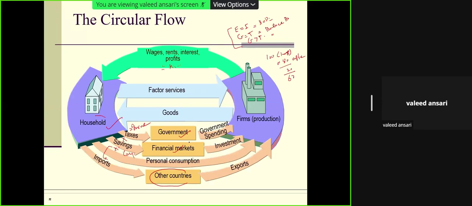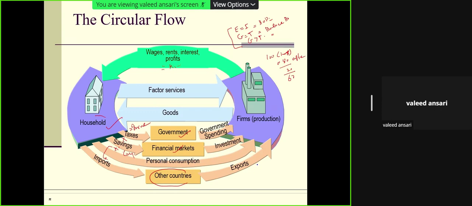Businesses use the savings of the household and issue certificates for that, maybe equity, maybe bonds. It provides partial ownership of the firm, and they use that money for real investment purposes like machinery, equipment, buildings, and so on. So if personal consumption demand is less, businesses may be reluctant to make fresh investment.